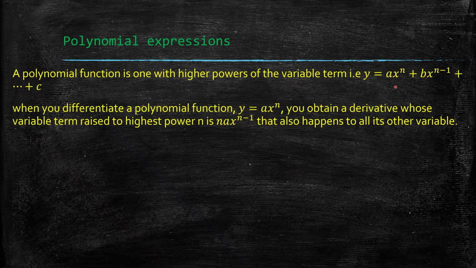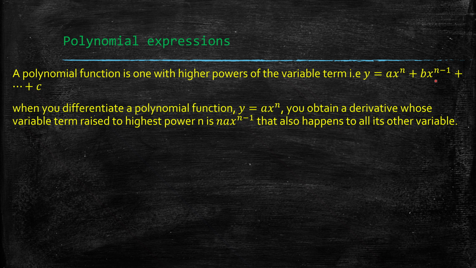When differentiating a polynomial function, y is equal to ax power n, which we can see in this form, you are going to obtain a derivative whose variable term is raised to the highest power n in this form as n ax power n minus 1, and that also happens to all the other variable terms. What are we trying to mean?